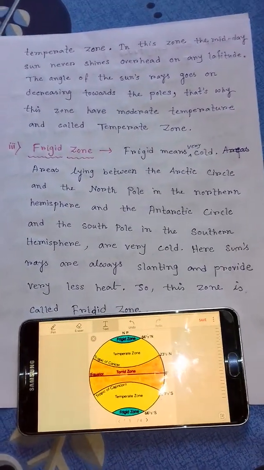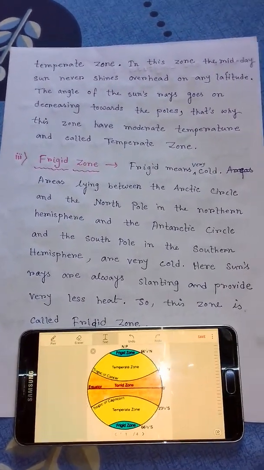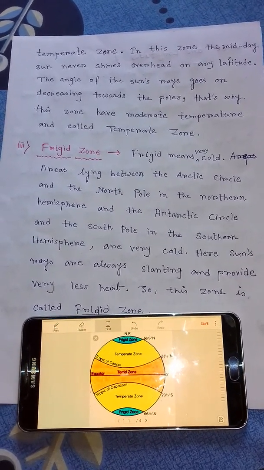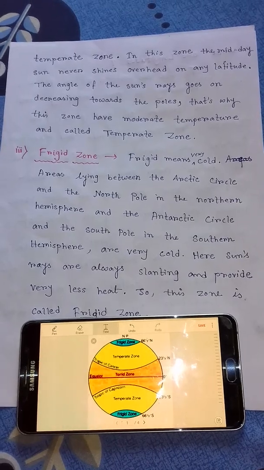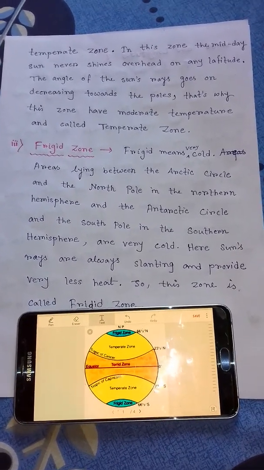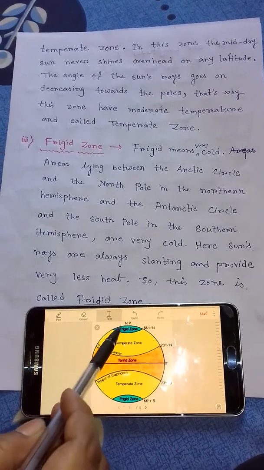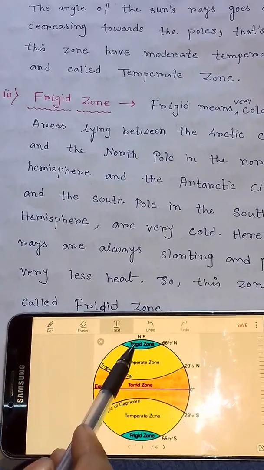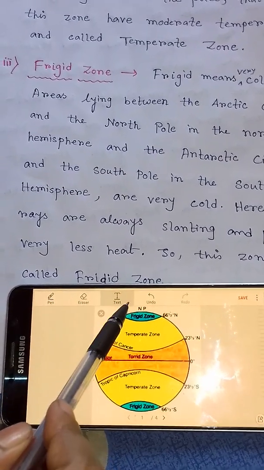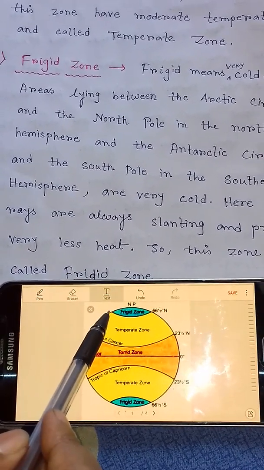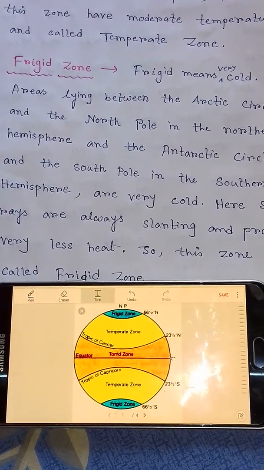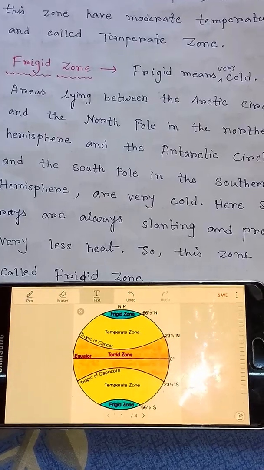These zones are very cold because here sun rays are always slanting and provide very less heat. The angle of sun rays is very low here. That's why these zones receive very less amount of heat and are called frigid zone.